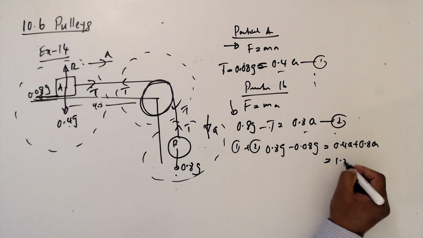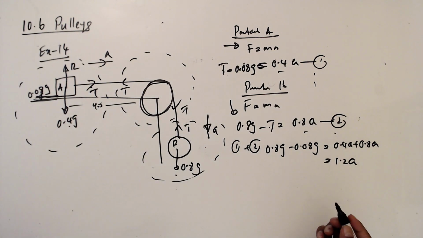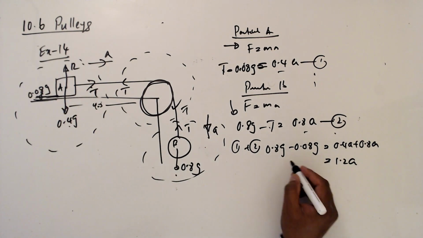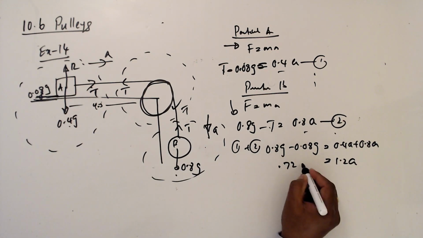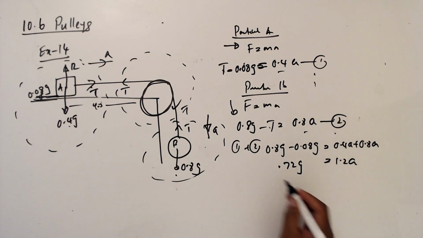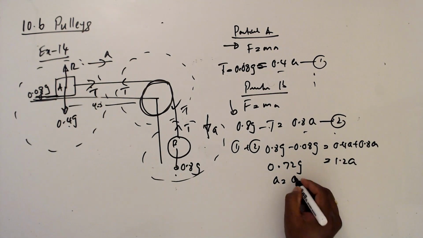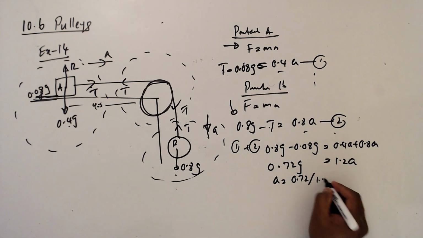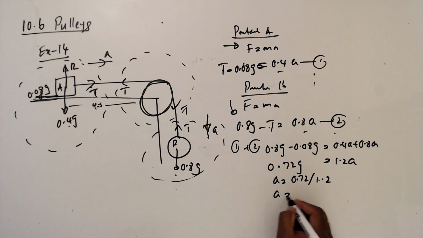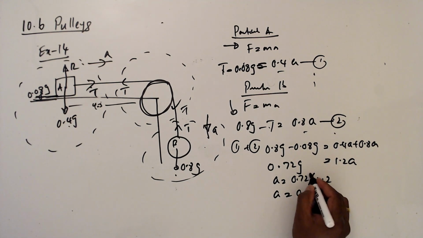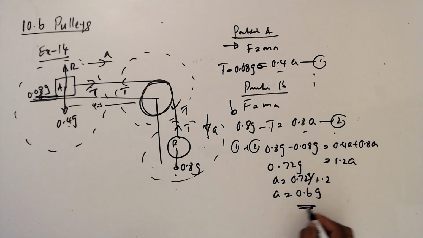So 1.2 a. This is going to be 0.72 g. So a equals 0.72 divided by 1.2. So a equals 0.6 g.